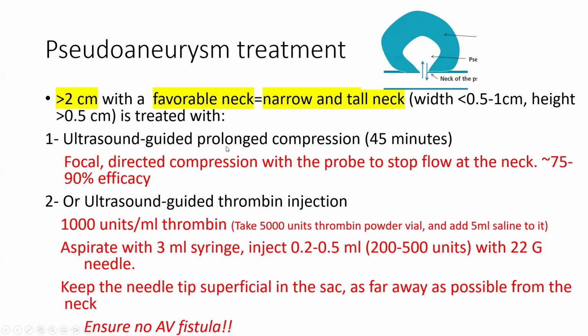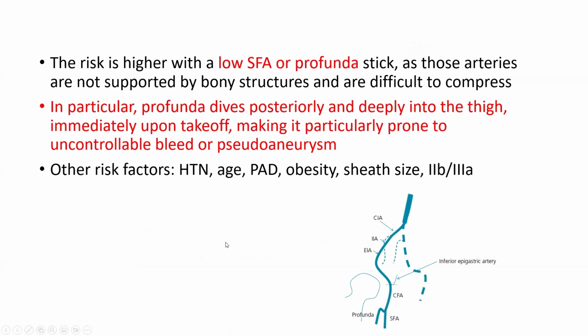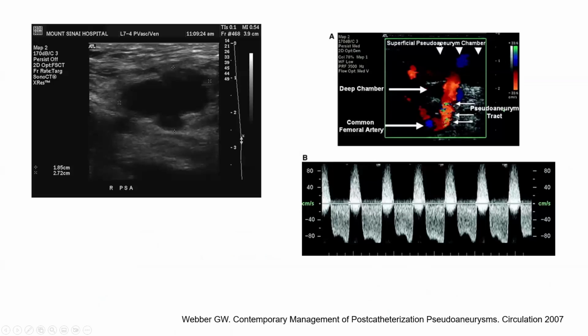And what is ultrasound-guided compression? Basically, as you're doing your ultrasound, you see the neck, you see the area of aliasing, you exert a localized compression in one point that stops that flow. So it's unlike the manual compression that exerts diffuse global force.